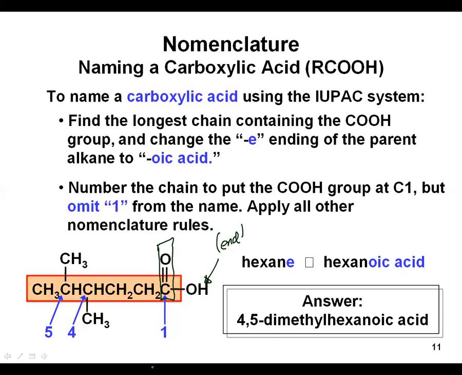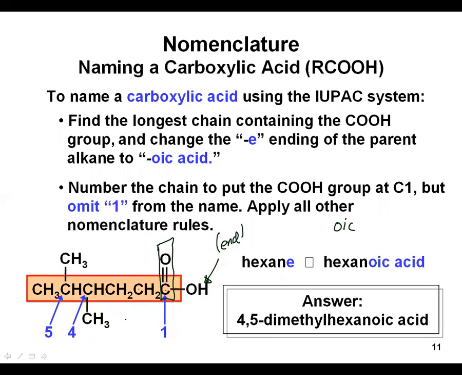So if we count the longest continuous chain that has this group in it, that's 1, 2, 3, 4, 5, 6. Again, 6 based off of hexane. We're going to drop the last part of it, and how we name it is OIC acid at the end.